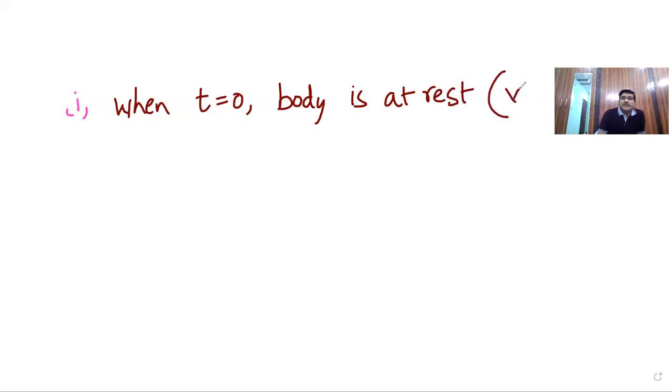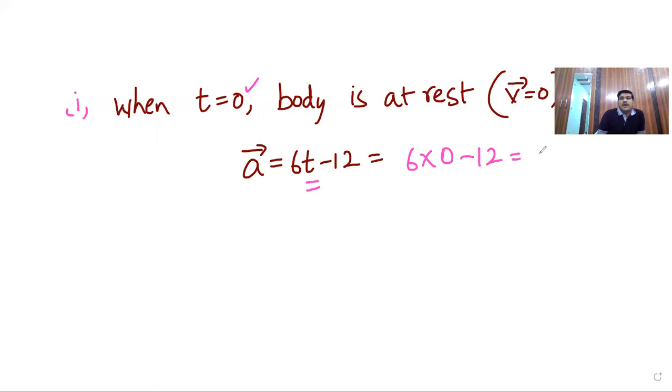That means velocity is becoming 0. Then acceleration: what is the expression we got? 6t minus 12. Substitute t. If I substitute 0, so 6 into 0 minus 12. So acceleration becomes minus 12 meter per second square.